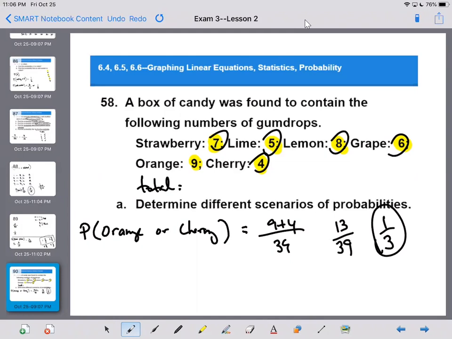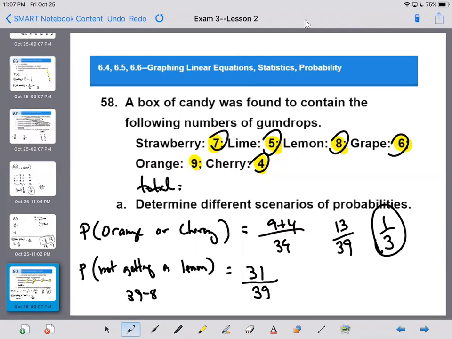What if we wanted to say, what's the probability of not getting a, we'll say a lemon? Well, if there's 39 total, if we take 39 and subtract the 8 from it, that gives us 31 possible. So if we don't want to get a lemon, then we've got 31 out of 39 chance of not getting a lemon.